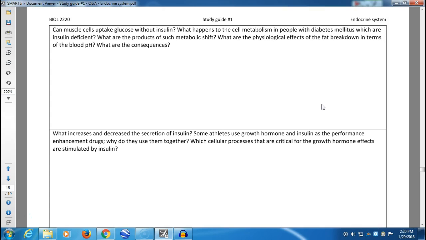And that leads to ketosis due to the accumulation of ketones. Physiological effects: blood pH goes down, blood becomes acidic. Consequences: eventually coma because of the depression of neuronal activity.